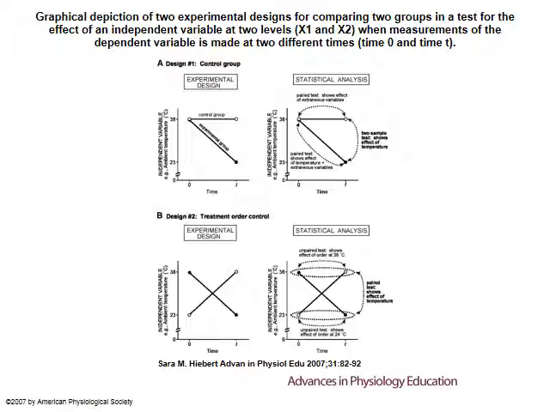Another thing you want to consider, as I said, is that if your baseline treatment is not the same for your two groups, let's say you have athletes versus non-athletes, and you want to look at the effect of exercise, you might have the athletes measured at time 0 and the non-athletes measured at time 0, and then have them exercise, and then after they exercise, post-treatment, you measure them both.